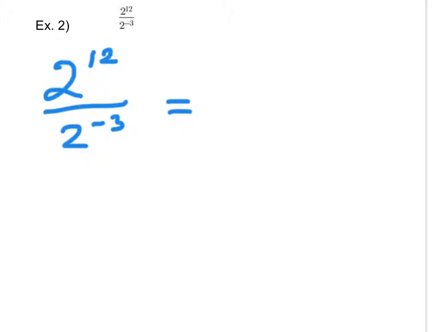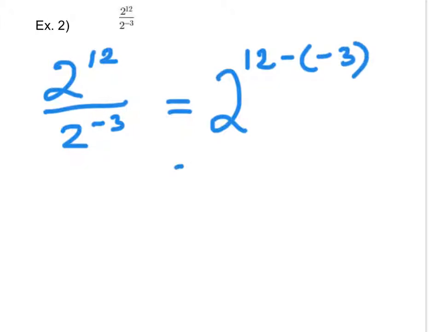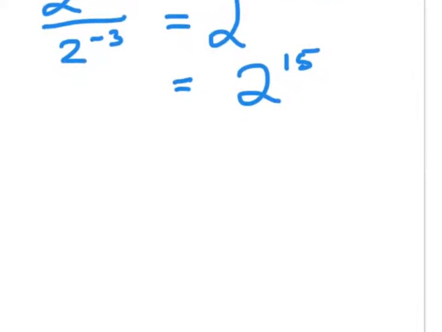So what you would get here is the base number stays the same, it's 2, and you do 12 minus minus 3, which is 2 to the power of 15. Okay, that's just because we're dividing, we subtract the exponents. Now you have to be careful when there's minuses involved, but in red here I'm going to do a quick explanation of how we get this answer. So if you just bear with me for a second, you'll see.